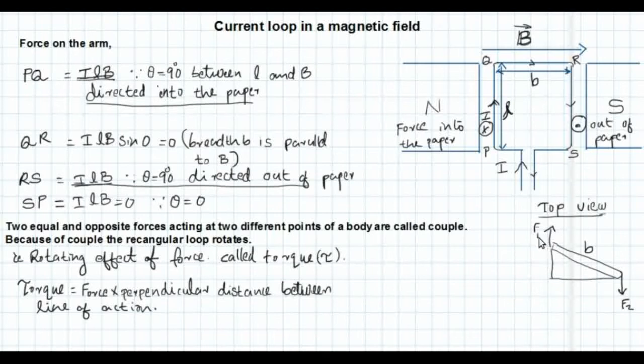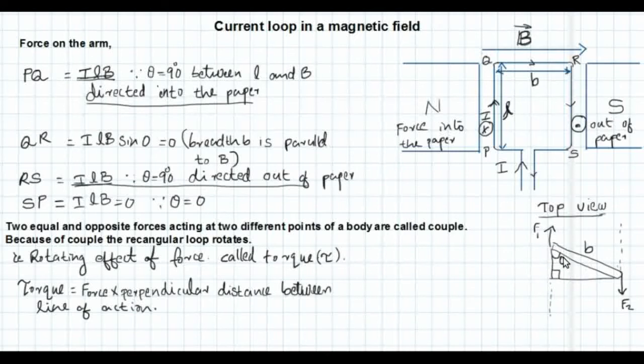The magnitude of both F1 and F2 will be ILB. Because of these two forces, it will be rotating, and this is the perpendicular distance between the lines of action. This is the line of action of F1, this is the line of action of F2, and this line represents the perpendicular distance between F1 and F2.